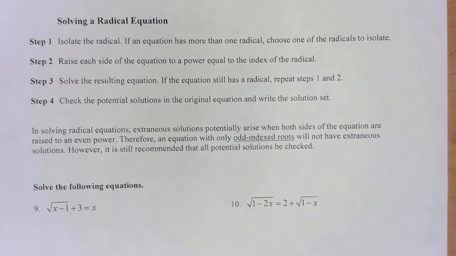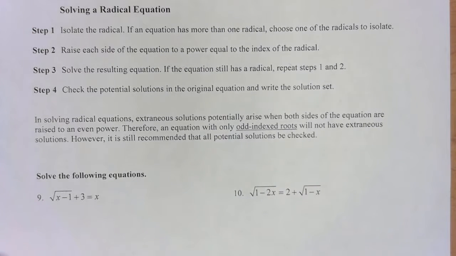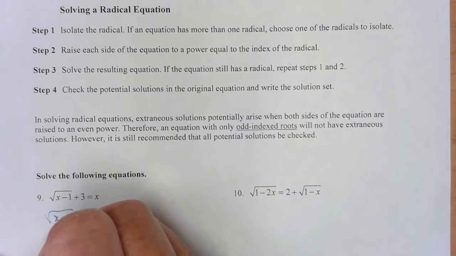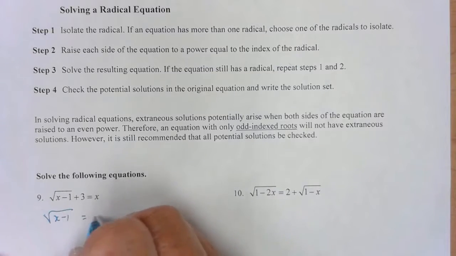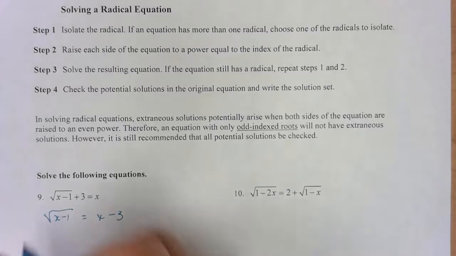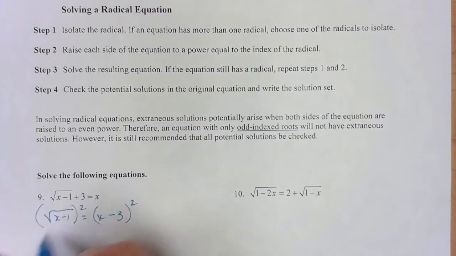So solving the following equations. Step 1 said to isolate the radical. So I'm going to subtract 3 from both sides. To get rid of the square root, you square both sides. This side's nice.